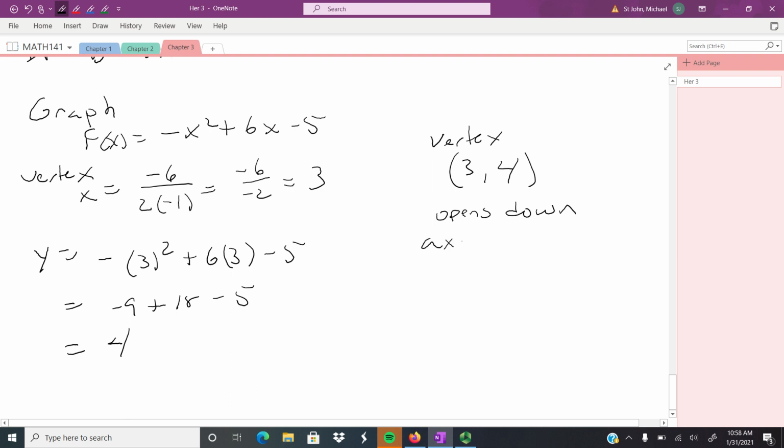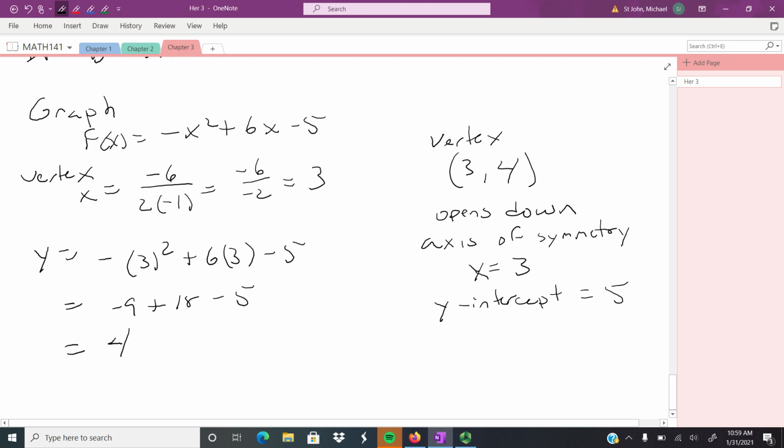My axis of symmetry is x equals 3. What else can I quickly figure out about this? The y-intercept is going to equal negative 5, because at the y-intercept the x value is 0.